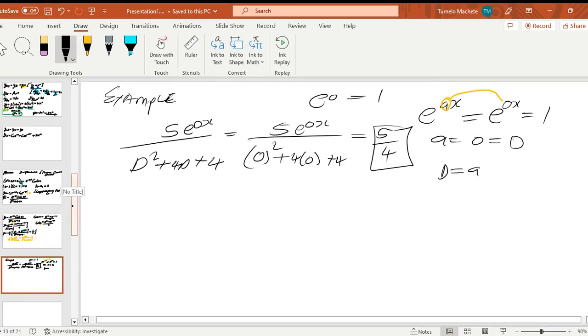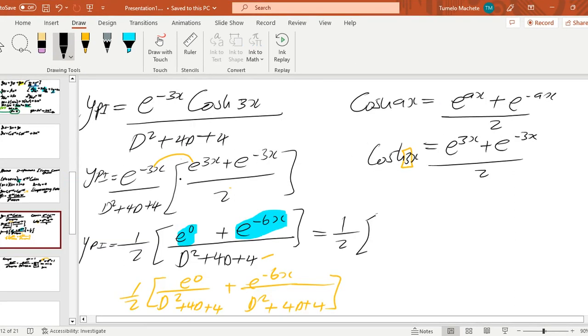Okay, so that's what we're going to do there. Same thing here. The moment you see a number, just put e to the power 0x. So you can just add 0x there to make it nicer. So you're going to have 1 over, for the first one, okay, the numbers are going to be different.